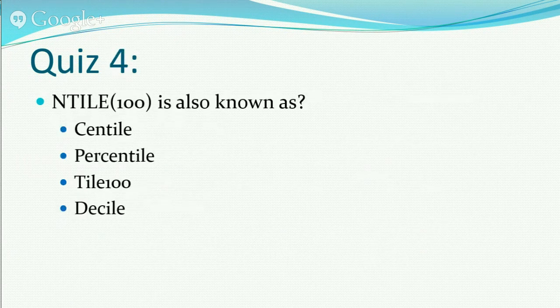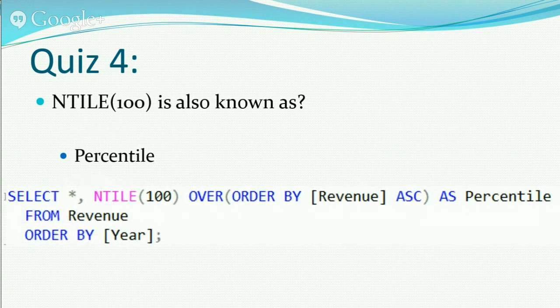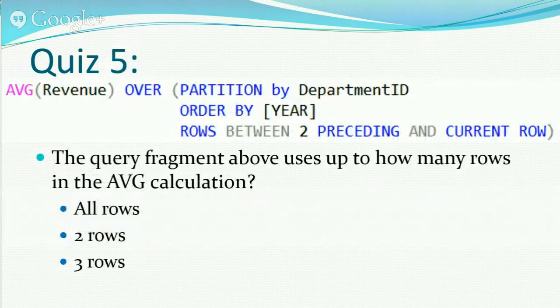On to Steve's question. All right, so the Ntile function. If we're using an Ntile with a parameter of 100, this is also known as what? Percentile. And there's the example, percentile. So it's breaking it up into 100 bins, and it's sorting the entire result set out over those 100. All right.